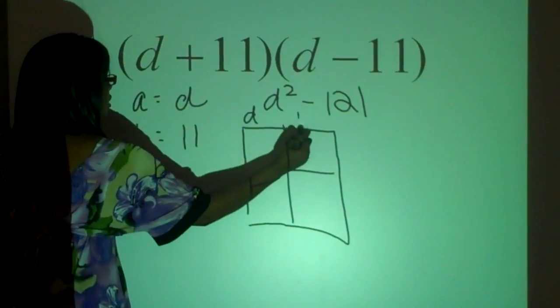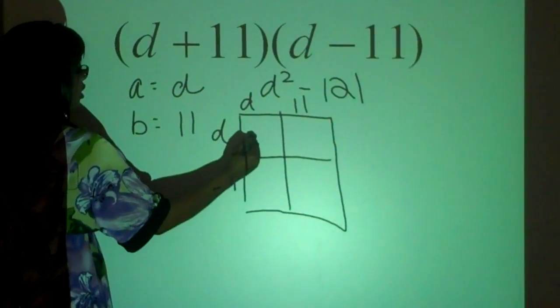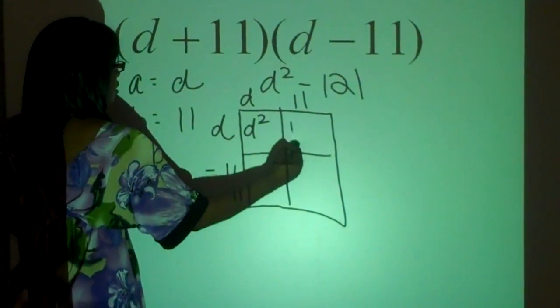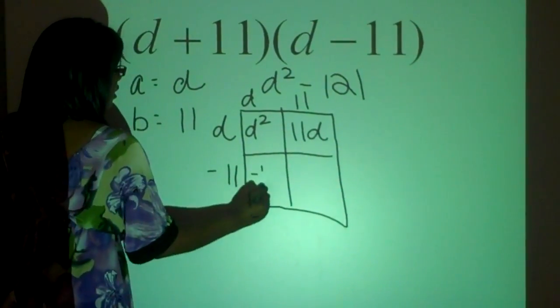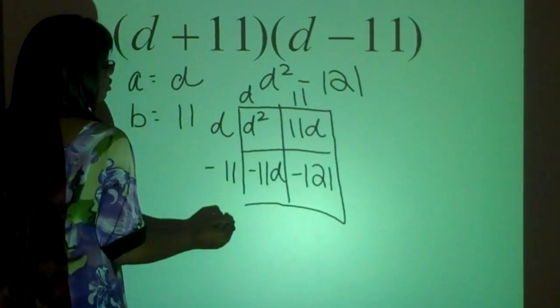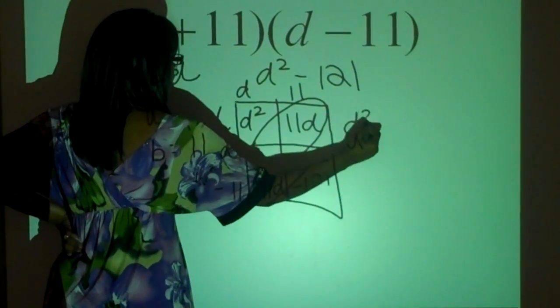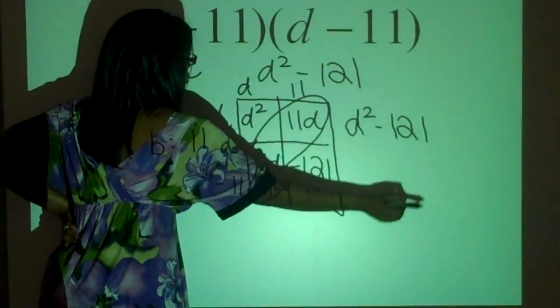You would do d and positive 11, d and negative 11, and multiply that out. d squared, 11d, negative 11d, and negative 121. Well, these would cancel each other out, so you're still left with d squared minus 121.